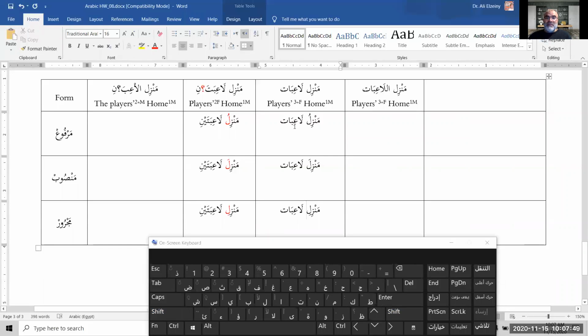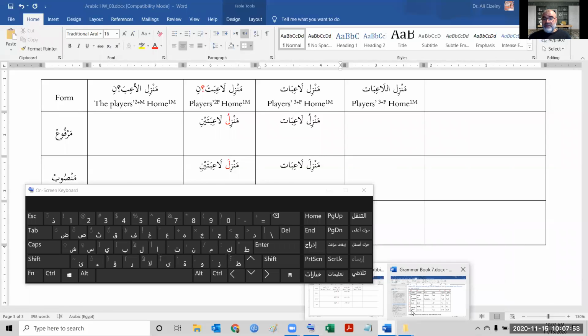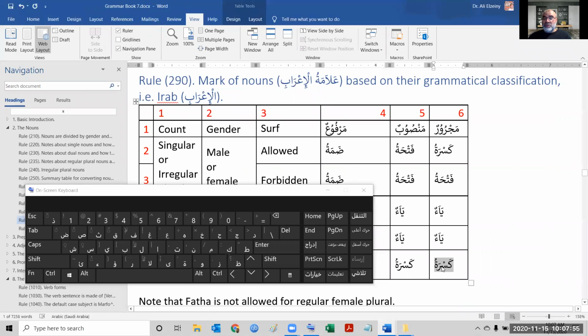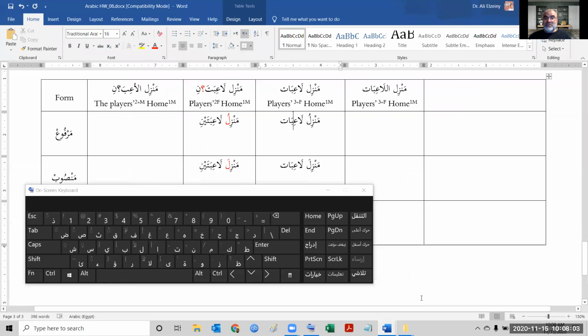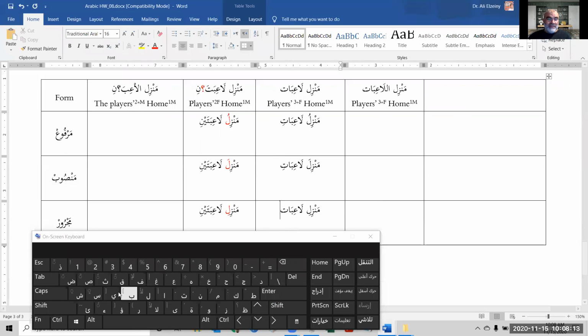Majroor for 3 plus F. You go there and see, for 3 plus F, Majroor is Kasra. So go back here. Majroor is Kasra. So that is Kasra here, Kasra here, and Kasra here. You see?